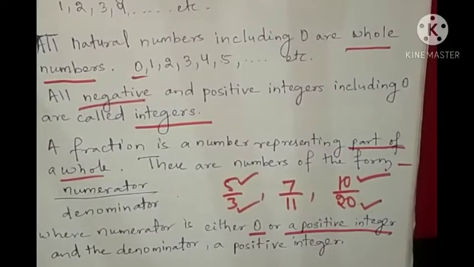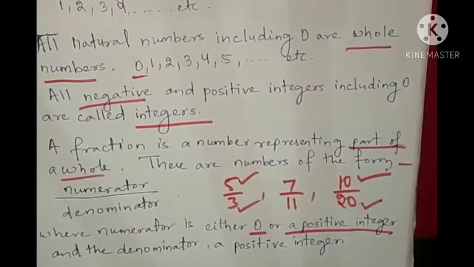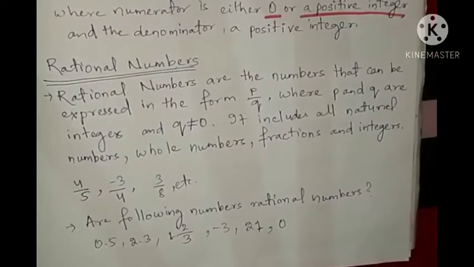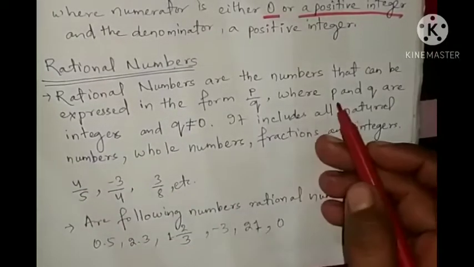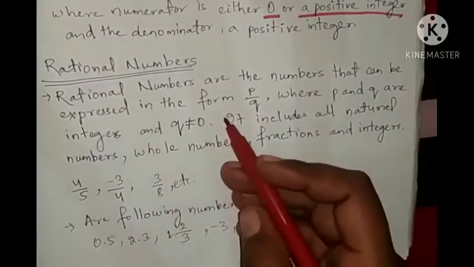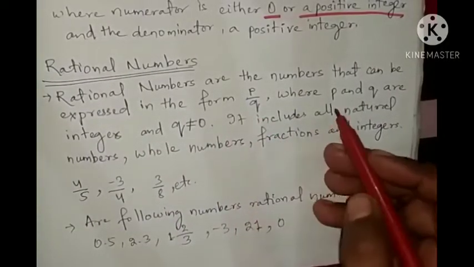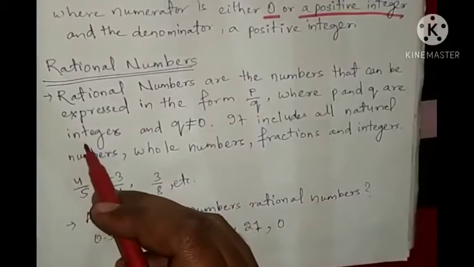These are the different types of numbers we have studied. Today we will start the new number, rational numbers. Rational numbers are the numbers that can be expressed in the form P by Q, where P and Q are integers.